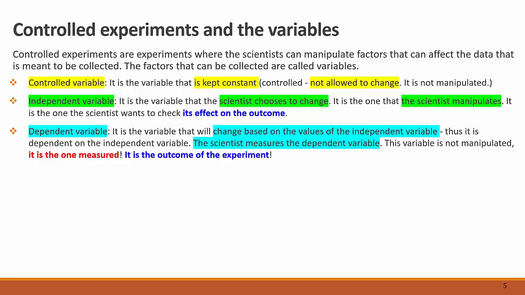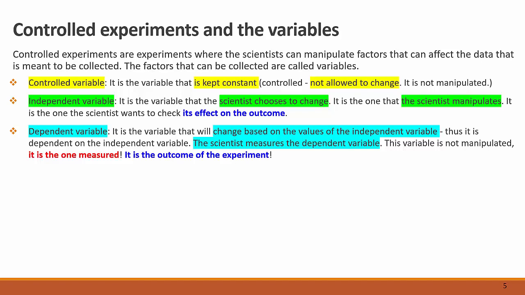Let me use an example. It's not a physical science example, but it can help us understand things easily. Let's assume we would like to study the effect of the amount of water we add to plants we grow in pots in our home.